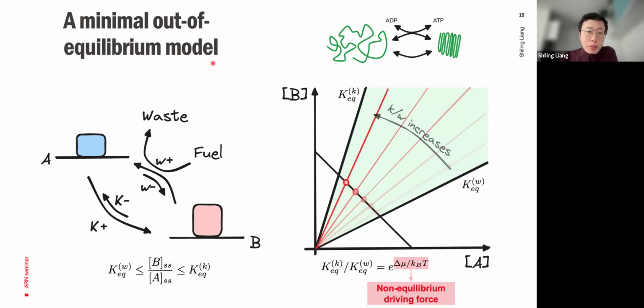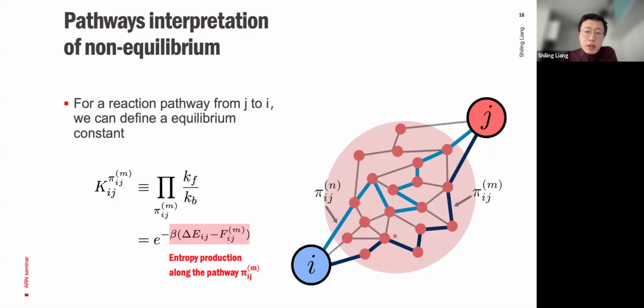So this is just a very minimal model, and what I want to argue, and will also show in a mathematically rigorous way, is that this argument also holds for more complex and more general systems, more general reaction networks. So now we consider a network with many intermediate states, and we can pick two states, the initial and final states, I and J. In a large network, we can still define different pathways between these two states from the network topology.